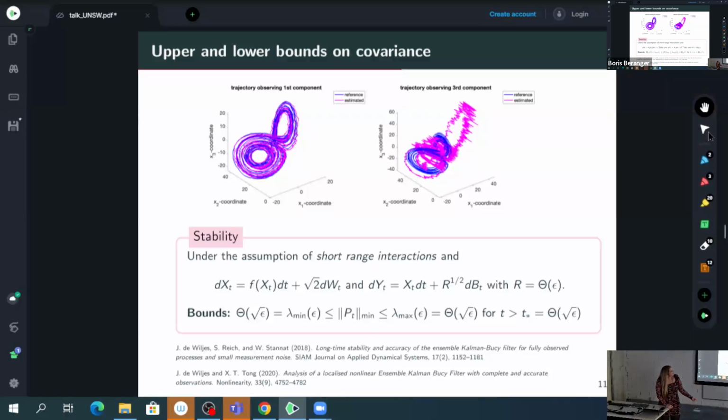Due to this fact that you have to ensure that you're observing the right things, we, as a first step, said, okay, we assume that we observe everything. If you know your system well and you know what to observe, you don't need to assume that. We're actually currently working on doing just that.